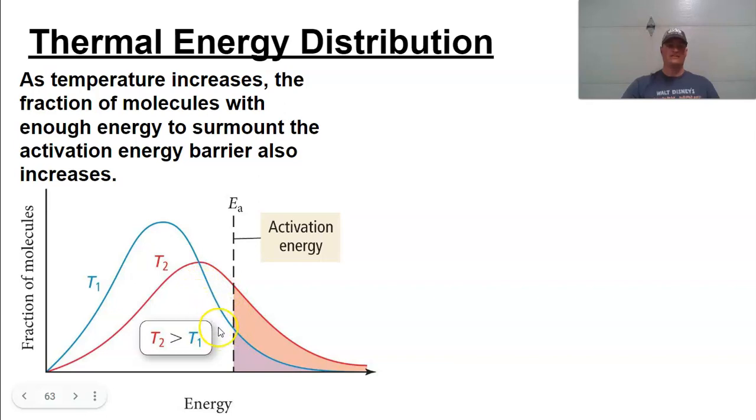Even though we might have a temperature that we can say something is at, there's a distribution of energies, as learned with the Maxwell distribution. So as temperature increases, the fraction of molecules with enough energy increases. So you can see the area under the curve. When temperature 2 is higher, the distribution is more spread out, but we can see that there's a higher number of them that are going to be past the activation energy than if it was at a lower temperature.